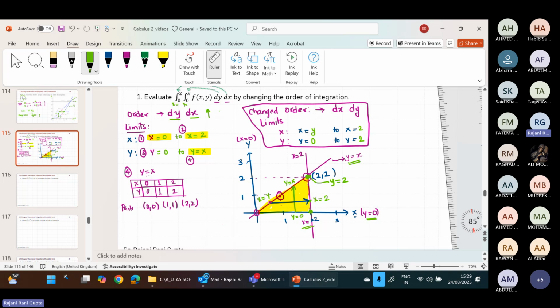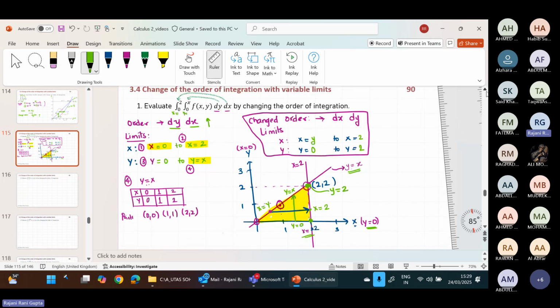Once we did this, our work is mostly done. The changed order of integration will be the integral of f(x,y) dx dy.